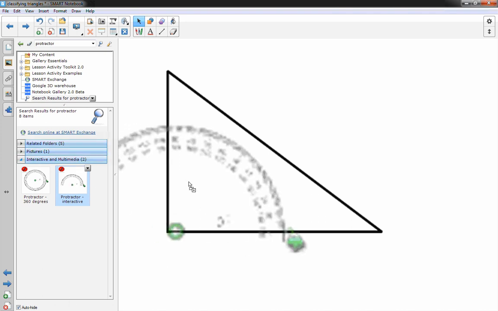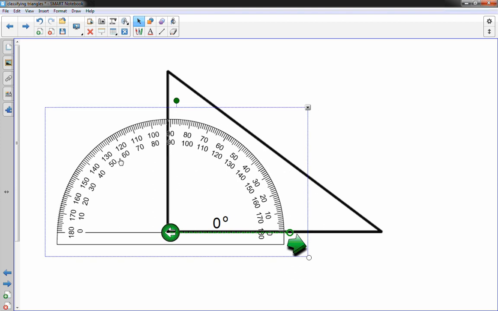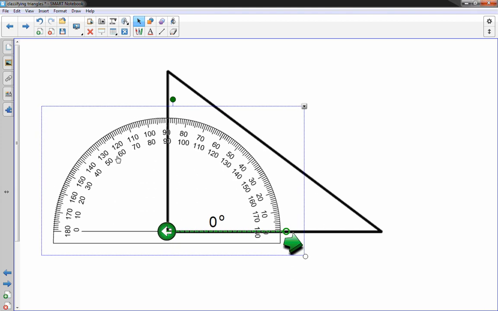I'm going to bring out my virtual protractor and just double check. Put the bullseye right in that corner. Measure that angle. It's 90 degrees. You don't really have to measure the other two angles because by the definition, one angle in the triangle is 90 degrees, so that is a right triangle.